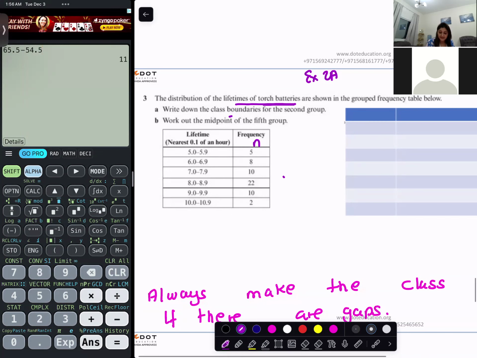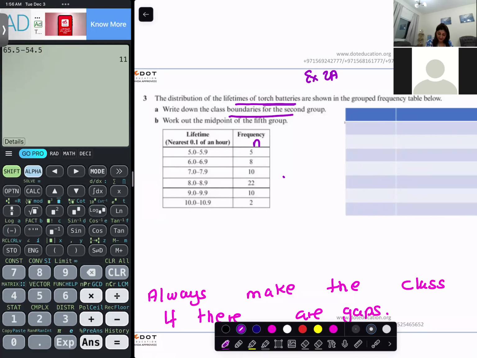They want you to write the class boundaries of the second group. If you are supposed to write the boundaries of any group, you have to first convert it into continuous data. To convert it into continuous data, you would minus 0.5 from the lower bound and add 0.5 to the upper bound.